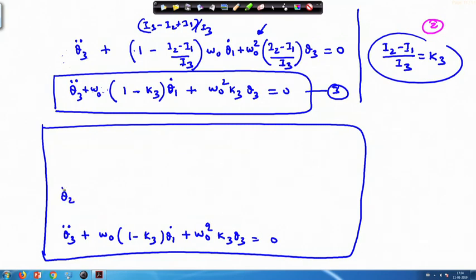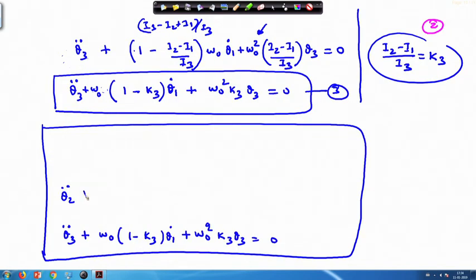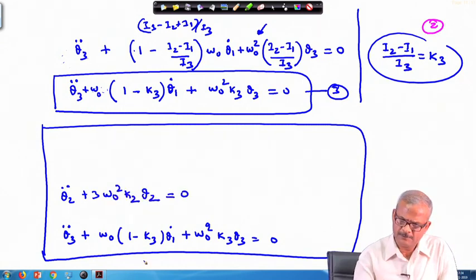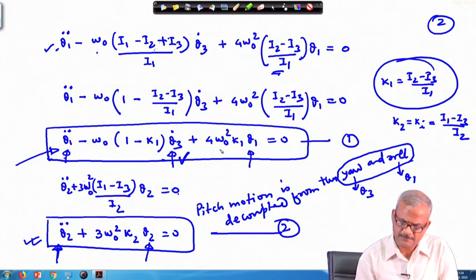Then theta 2 double dot plus 3 omega 0 square k 2 times theta 2, this equal to 0, and this one last one.